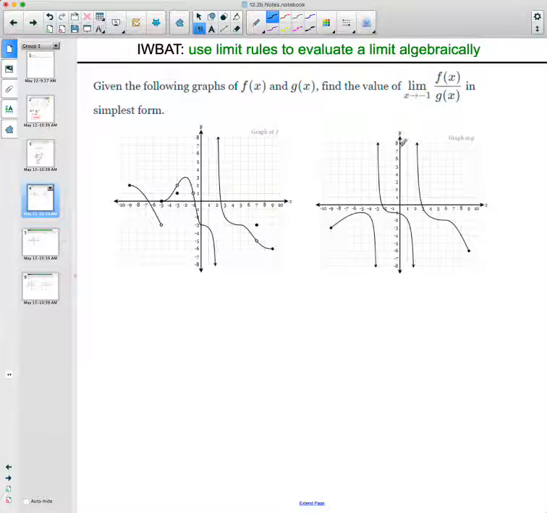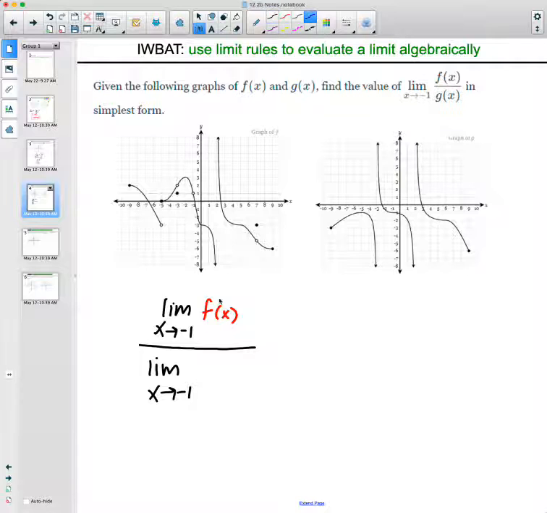Given the two functions below, find the value of the limit as x approaches -1 of f of x divided by g of x. So instead of having to divide f and g by each other, we can just do the limit of each and then divide the limits. So the limit as x approaches -1 of f of x divided by the limit as x approaches -1 of g of x.